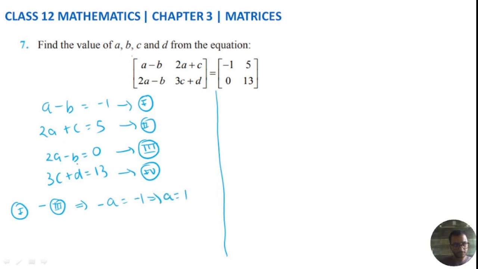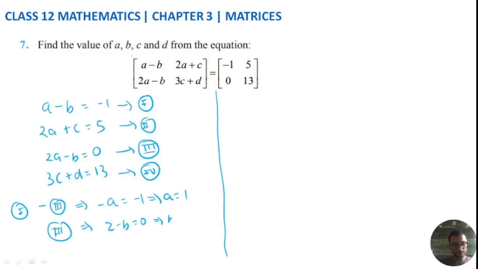Am I doing it correctly? Yes, a minus 2a is minus a equals minus 1 minus 0. Yes, it is correct. So we got a equals 1. Equation 3, putting the value of a, will give us 2 minus b equals 0.